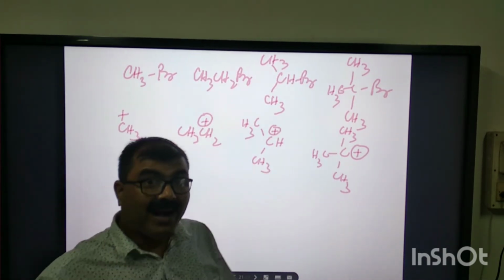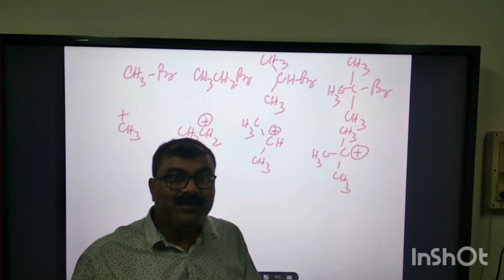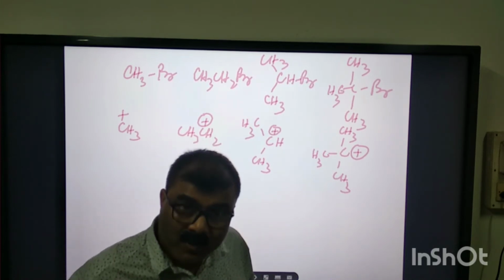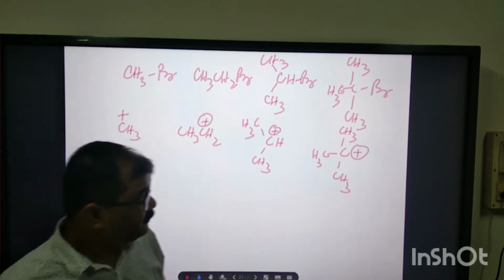Now, which one is the most stable carbocation? We have learned that carbocation stability can be explained by hyperconjugation or the inductive effect.